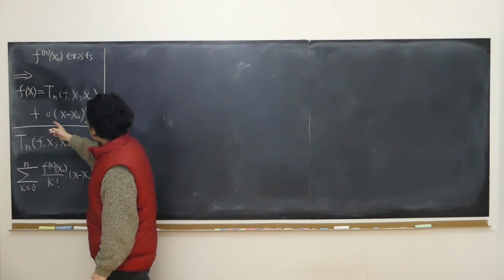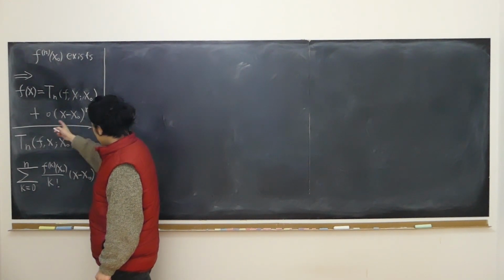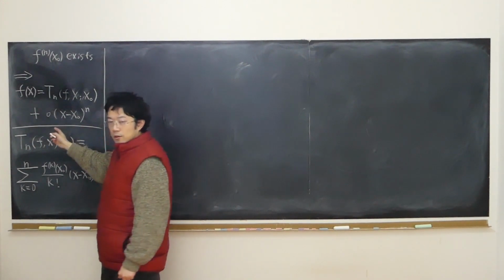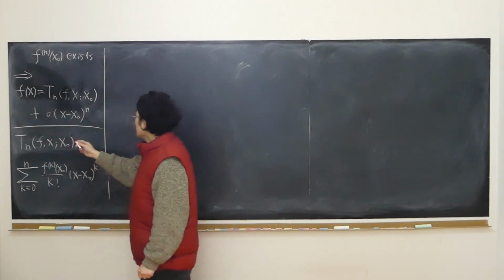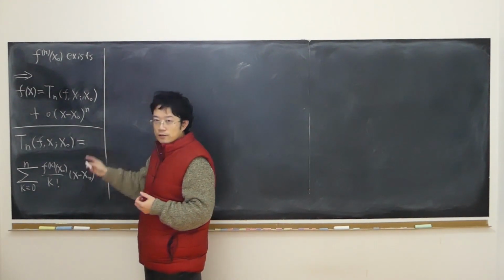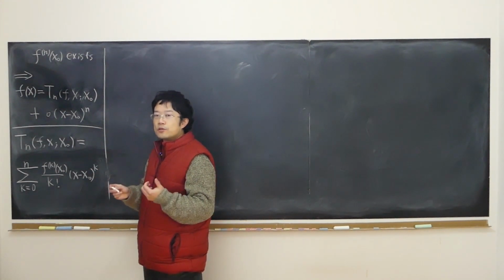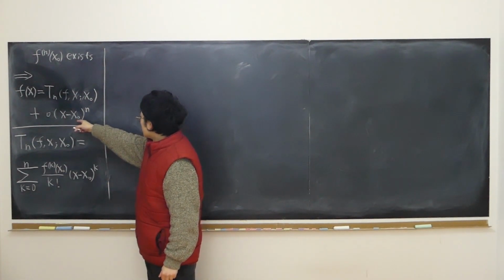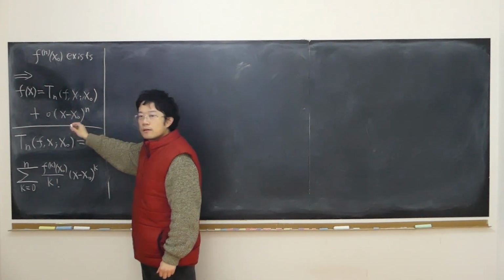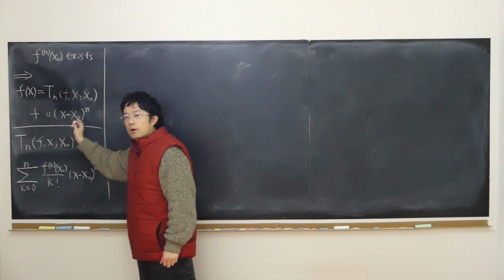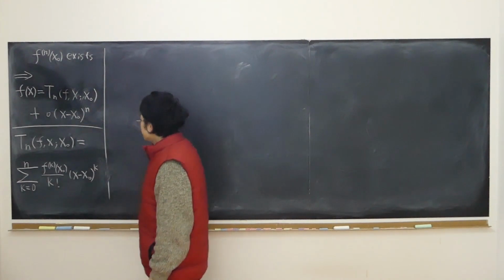So this is a notation which denotes a function of x that approaches 0 very, very fast as x approaches x naught. How fast does it approach 0? Faster than the speed of x minus x naught to the power of n, faster than this infinitely small amount. That's what it means by little o of this amount.